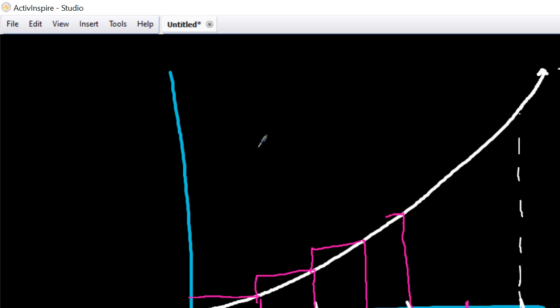Now I went kind of fast through the other and showed you left, right, and midpoint, but before I do that, I want to stop here just a minute. And I want to talk about how we could actually find the area of these individual rectangles.